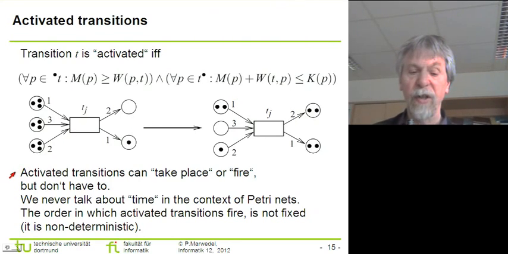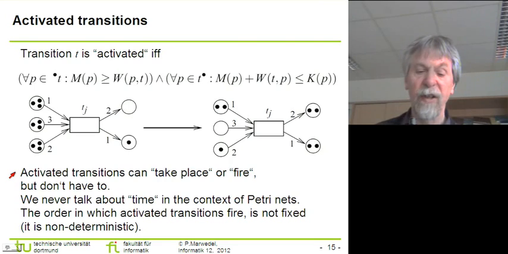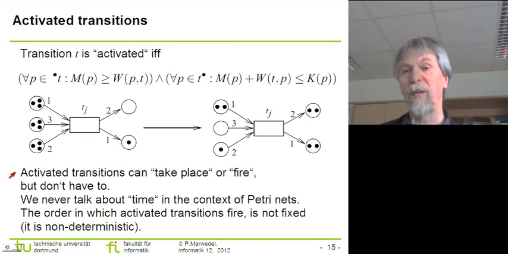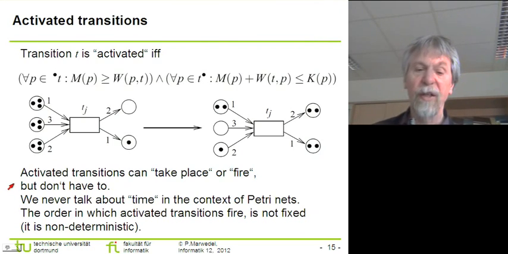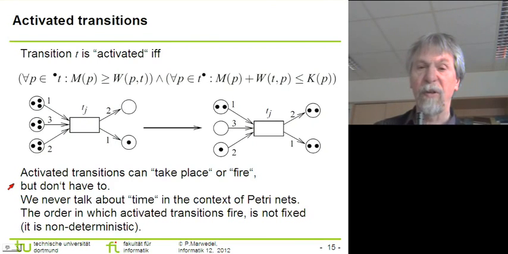If such a transition is activated, it can take place, or we can also say such a transition can fire, but an activated transition does not have to take place or does not have to fire. There can be other transitions in our Petri net model that could also fire, and we are never really sure in which sequence some transitions will fire.